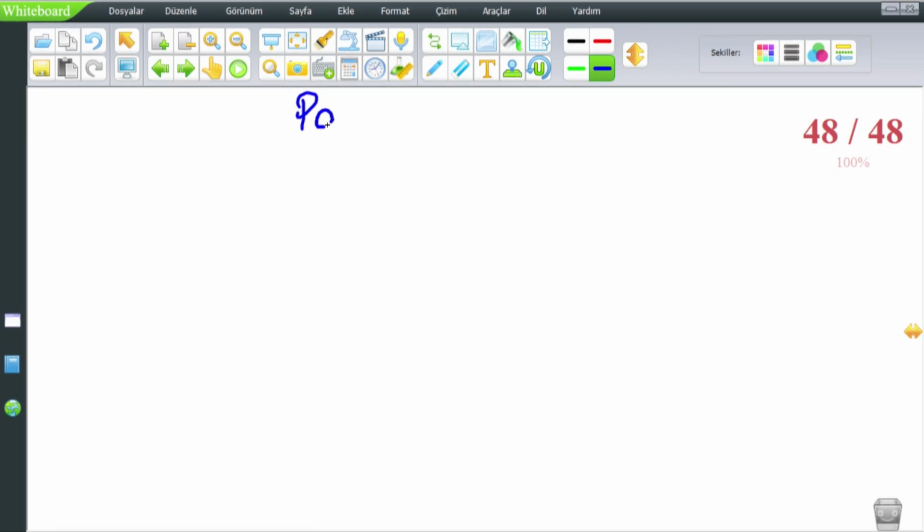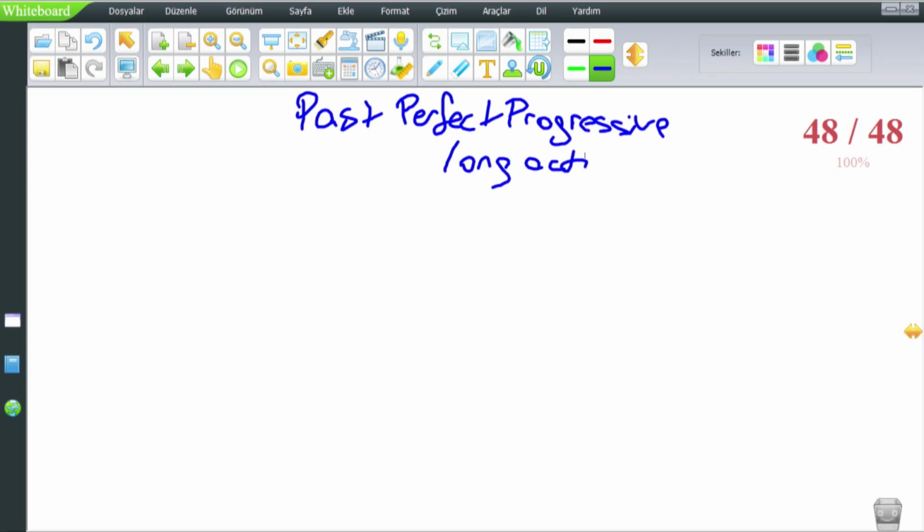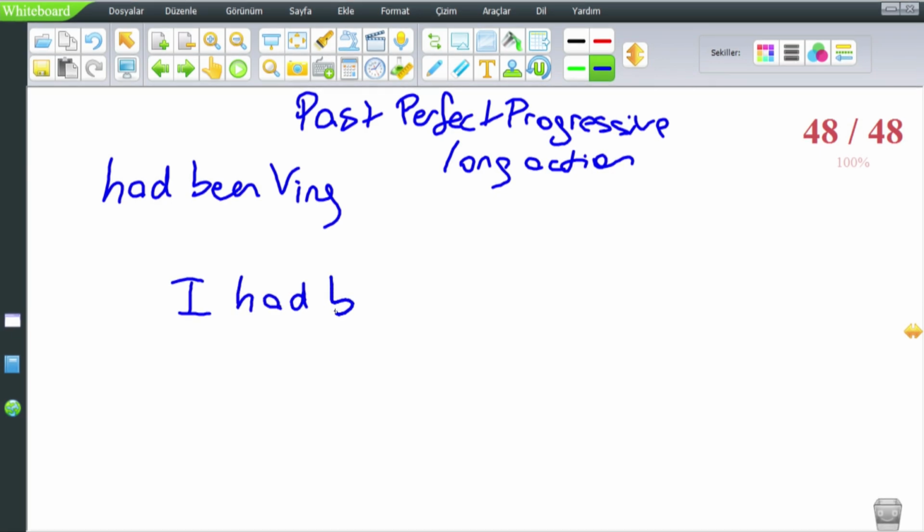Also, we have studied past perfect progressive. It gives the same meaning, but the difference between past perfect and past perfect progressive is that past perfect progressive describes a long action. The sentence structure is had been verb-ing. Let's give an example.